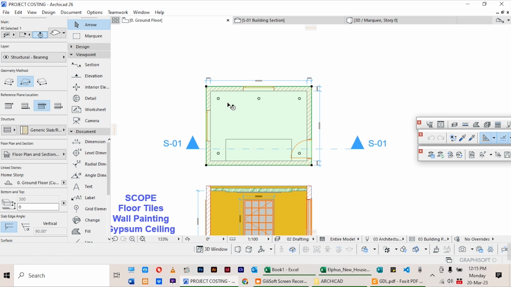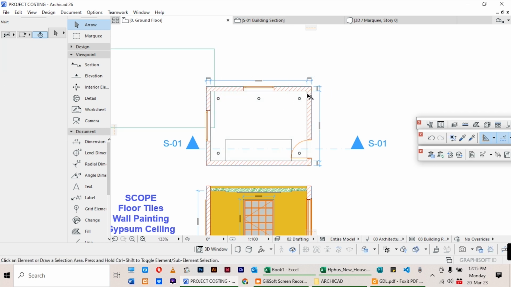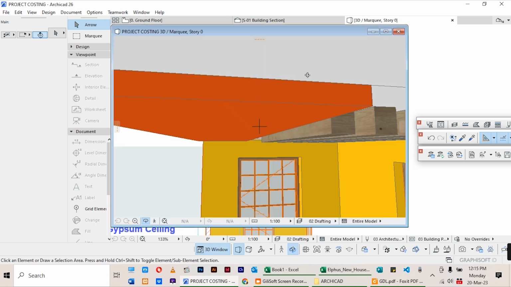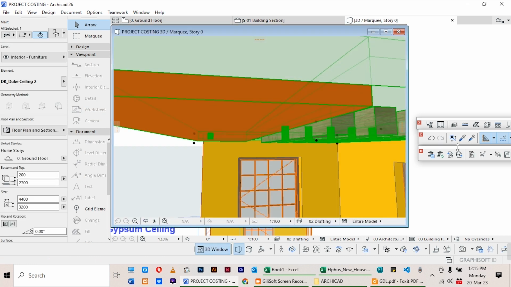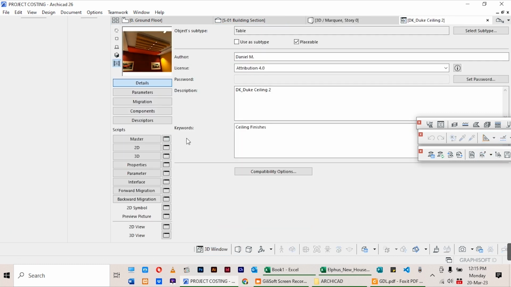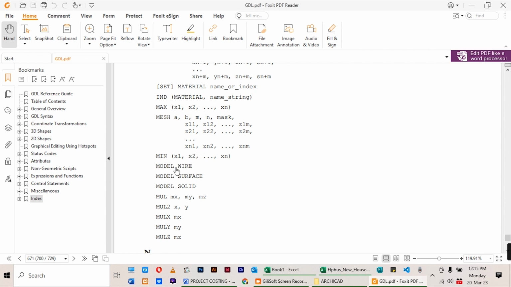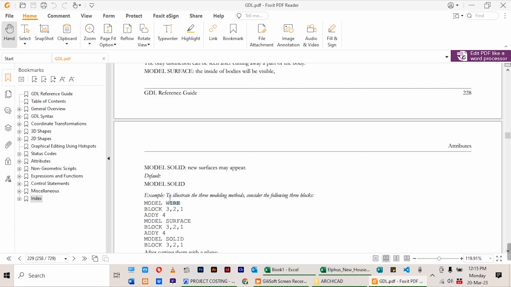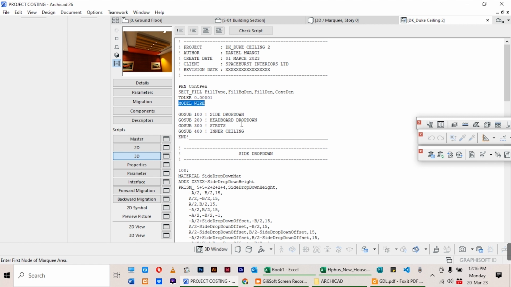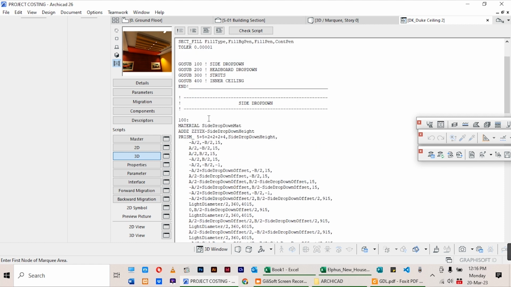So what we normally do is, let me just remove the floor so that I can do it from here. Select the ceiling, go back to the object settings, and from our GDL, you see, if you use model wire, so let's copy per each.